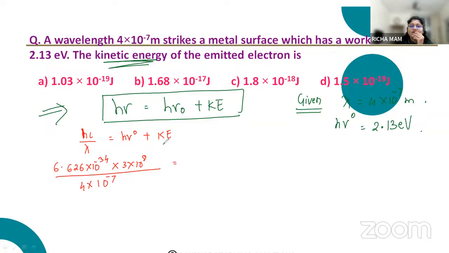The work function is 2.13 electron volt. What is the value of one electron volt? It is 1.609 into 10 raised to minus 19, so we put that value, plus kinetic energy.